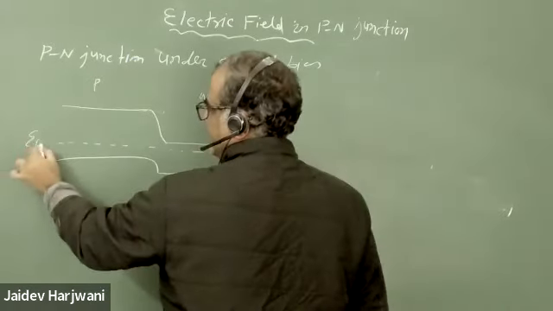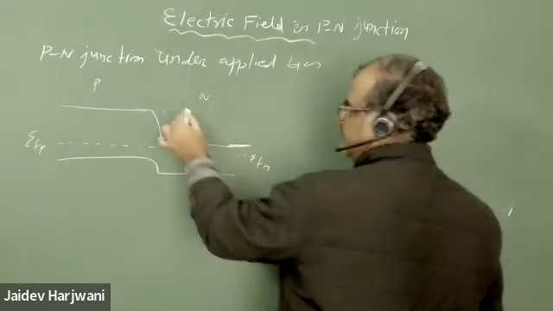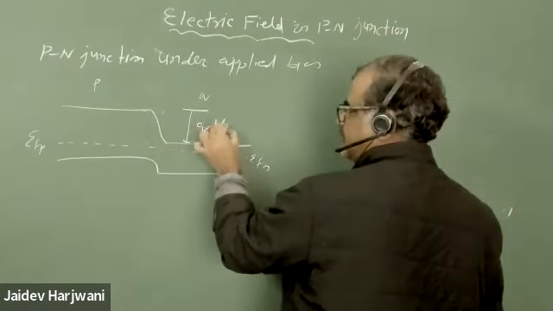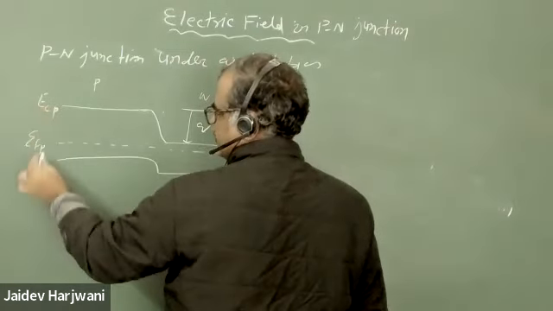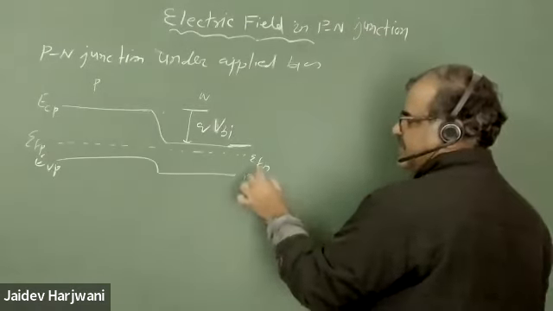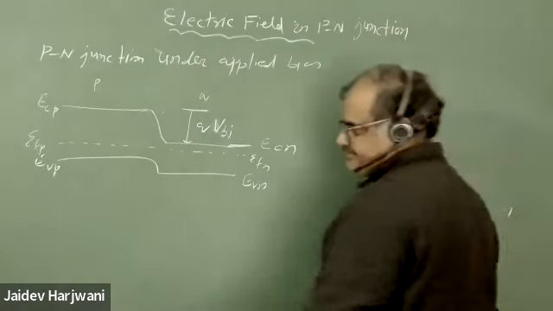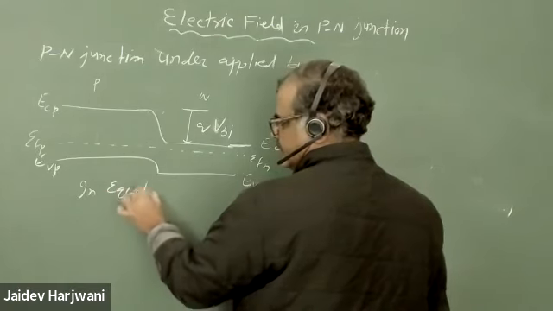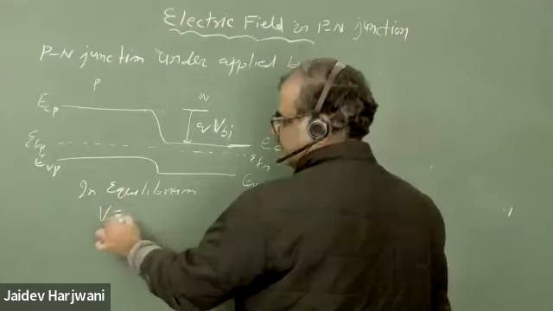So you have EFP equals EFN, okay. And this gap is called your QVBI, okay. This is your P side, this is your EVP, okay. This is the valence band of the N side, this is the conduction band of the N side. So this is the equilibrium condition, okay, when V applied is 0.